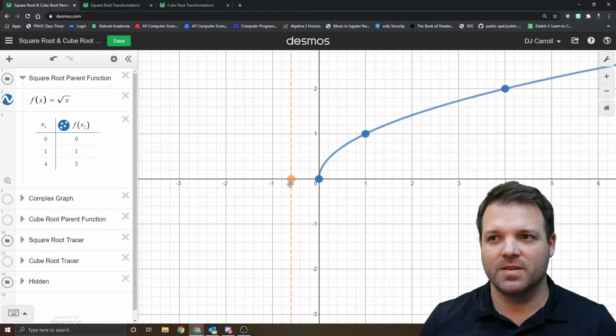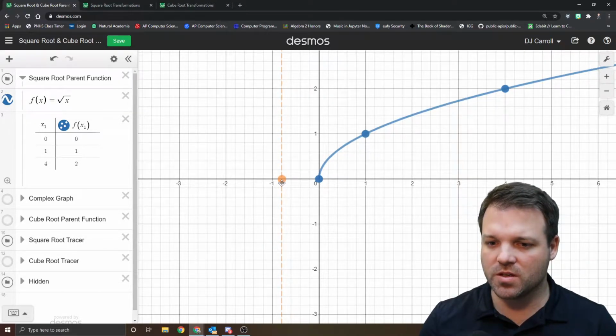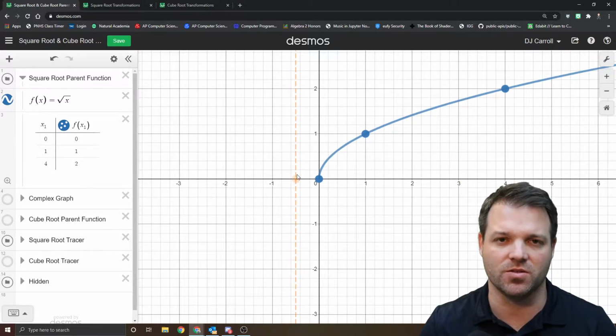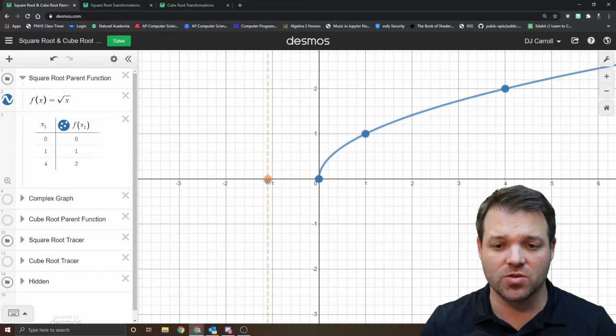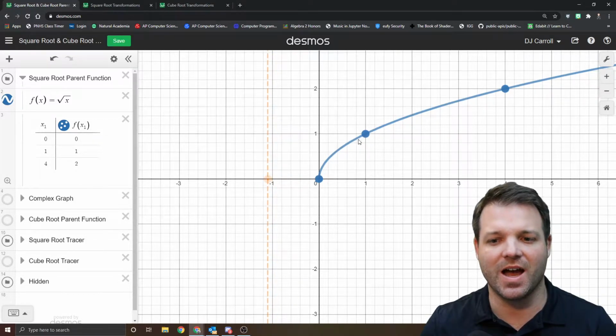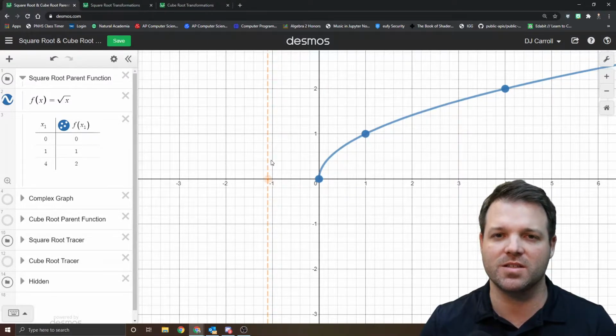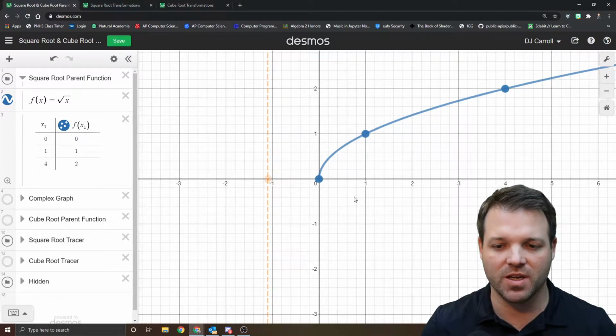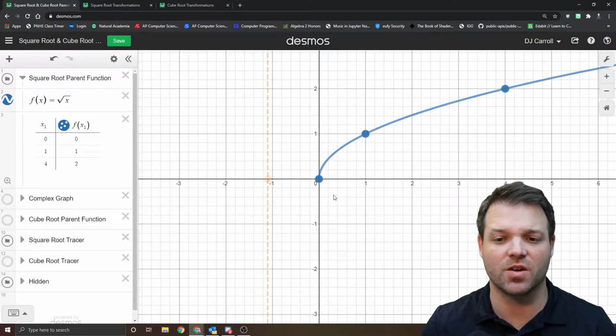Now, technically that's not really true because we can actually take the square root of negative numbers. We just happen to get imaginary solutions, imaginary numbers. So while I do get a solution, that solution does not exist on this plane. This is the Cartesian plane, the xy plane, and this only consists of real numbers.